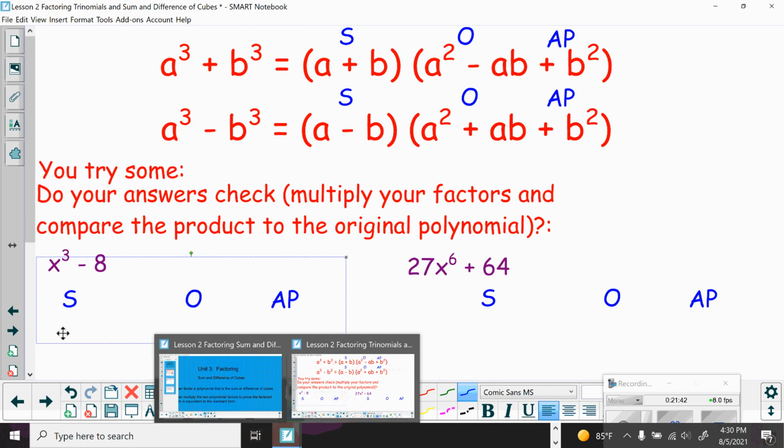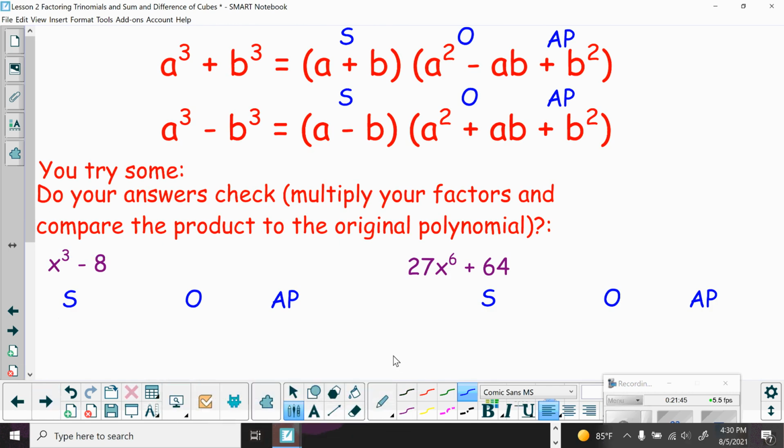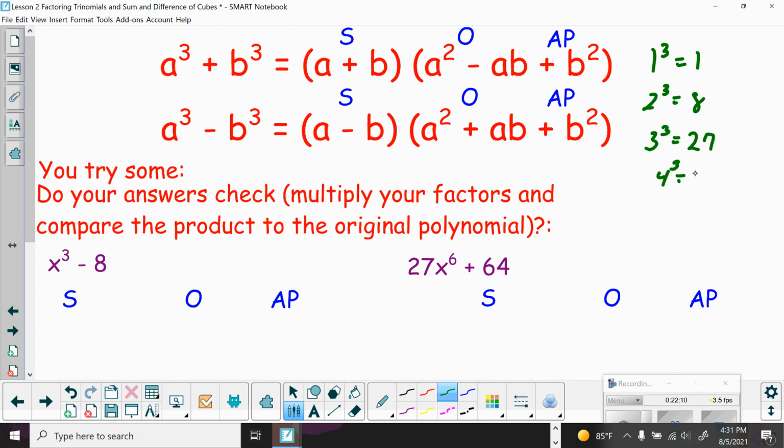Let's look at some numerical problems. There's our pattern. Okay, x cubed minus 8. First, you might ask, what are some of the cubes we have? Let's look at some real quick. We have 1 cubed is 1, 2 cubed is 8, 3 cubed is 27, 4 cubed is 64, 5 cubed is equal to 125. 6 cubed is equal to 216, and really you don't have to go a whole lot farther than that.